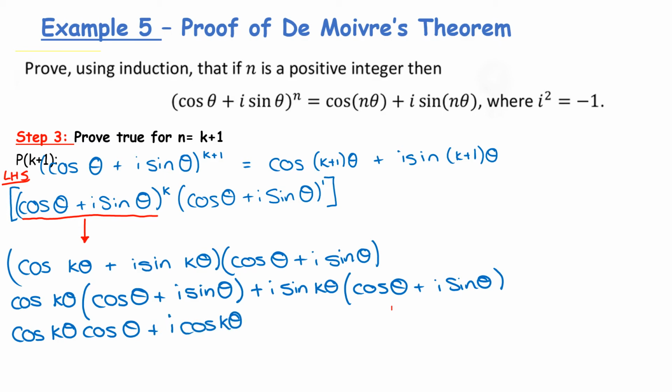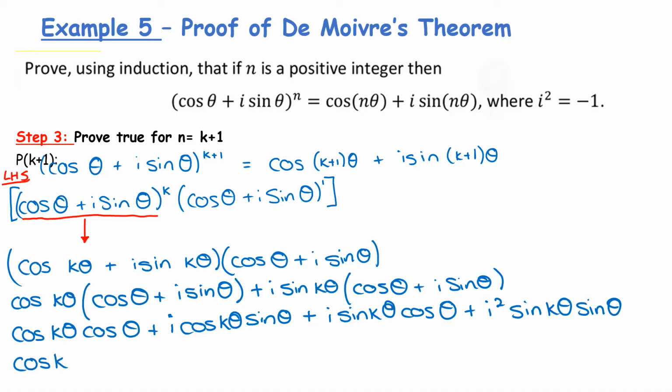It doesn't have to be, but I find if it's in the middle it gets lost. It is multiplication, so it doesn't matter. Plus i sine k theta cos of theta plus i squared sine k theta sine of theta. Now, i squared is actually minus 1.